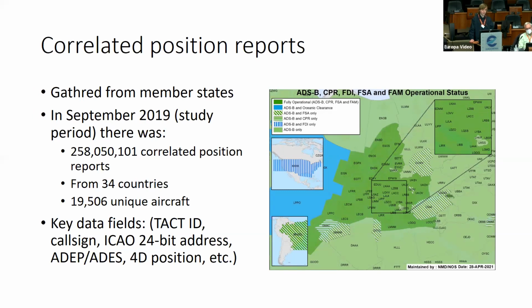For this period, we had over 250 million position reports from 34 countries, including data from over 90,000 aircraft. The key data fields from the CPRs that we're using are the unique identifier for the flight in the CPR, call signs, ICAO Mode S addresses, departure and arrival airports, and 4D positions.